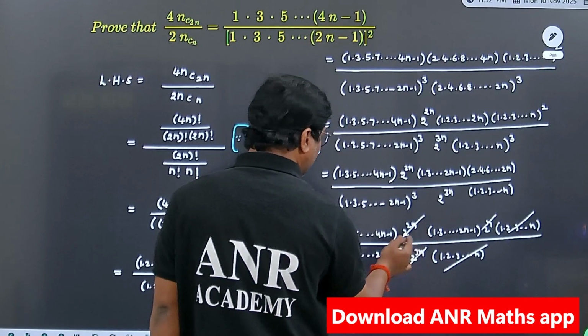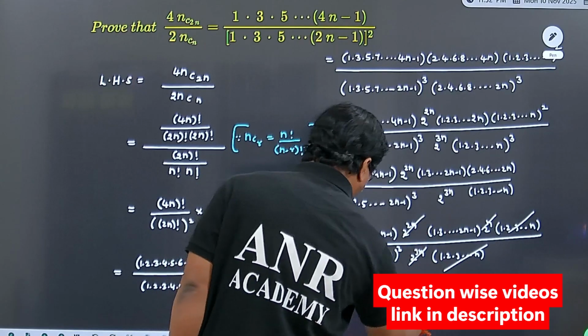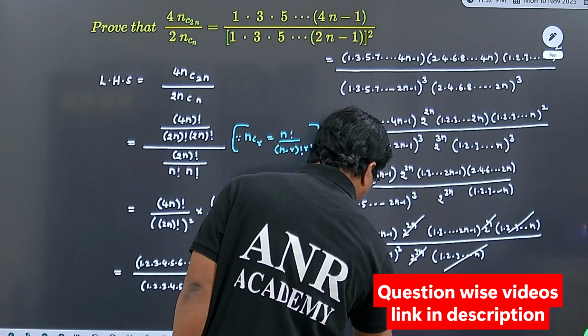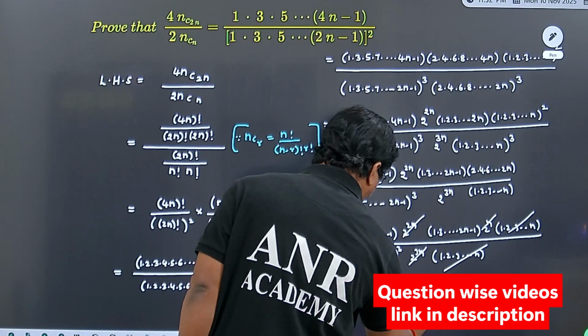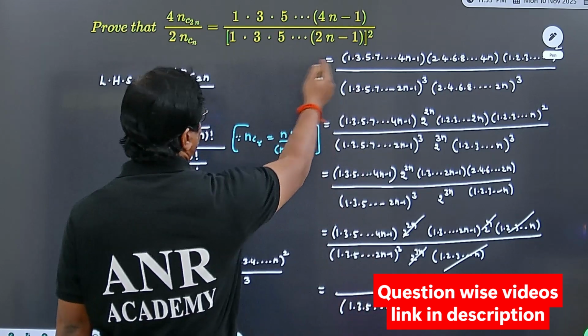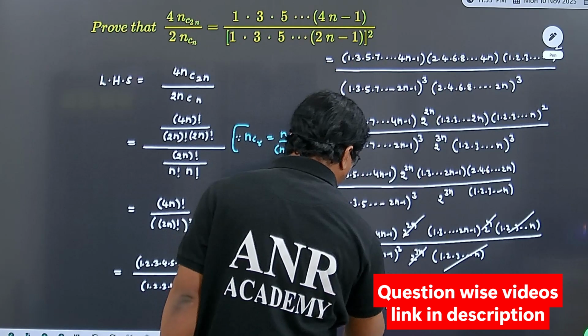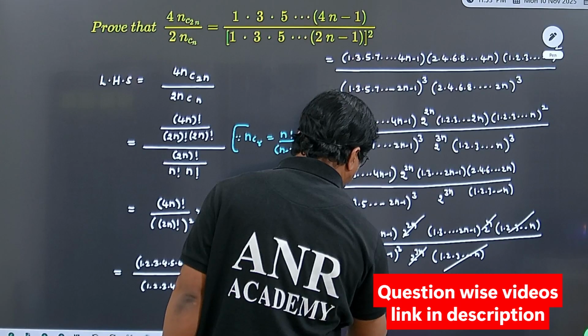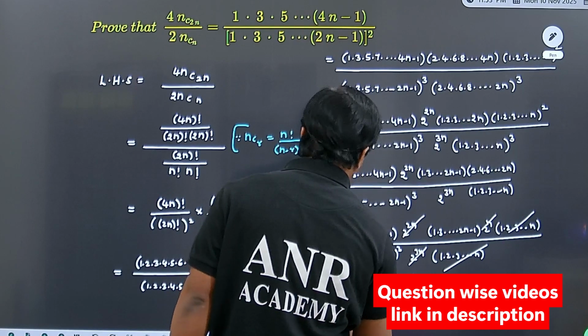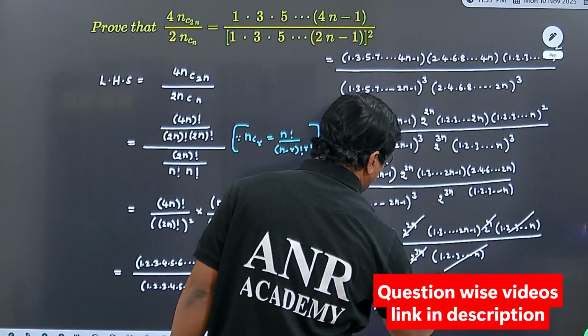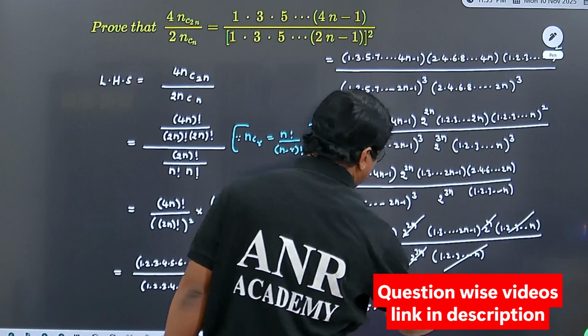Solving these two, in the denominator part you get only the perfect square, and in the numerator we get odd numbers as multiples up to 4n minus 1. Yes, this is your RHS part.